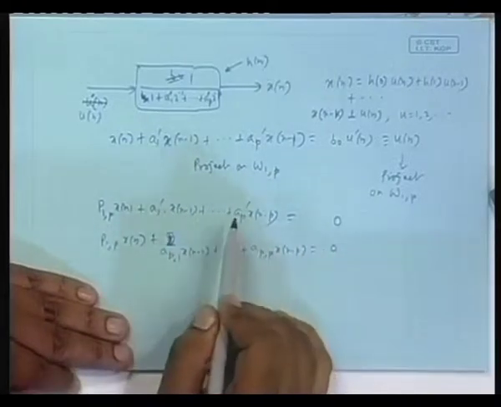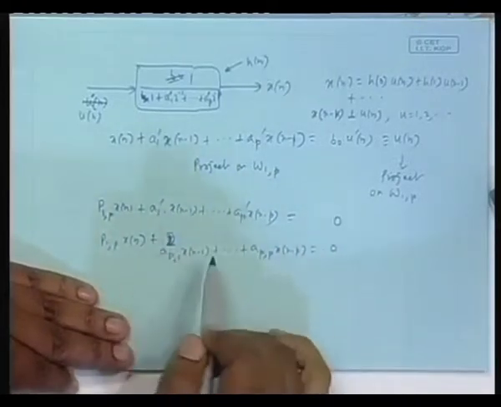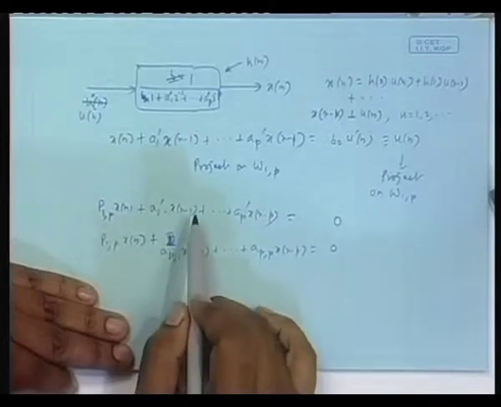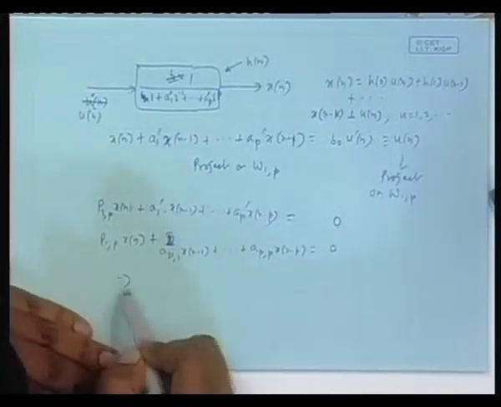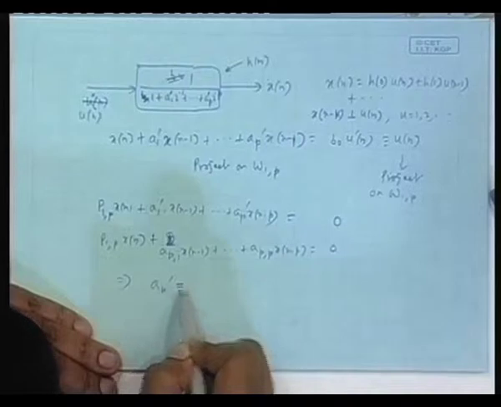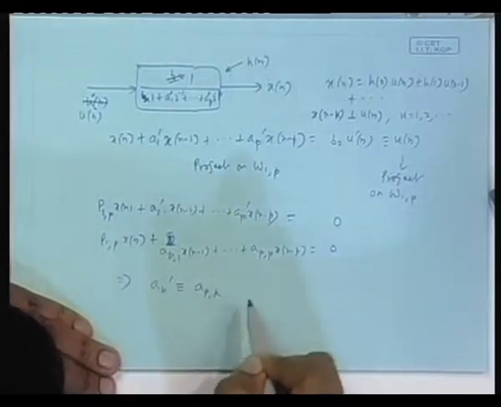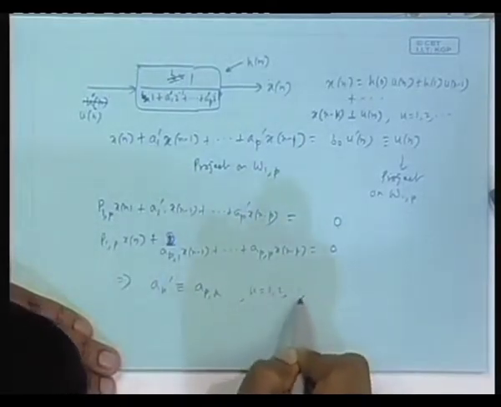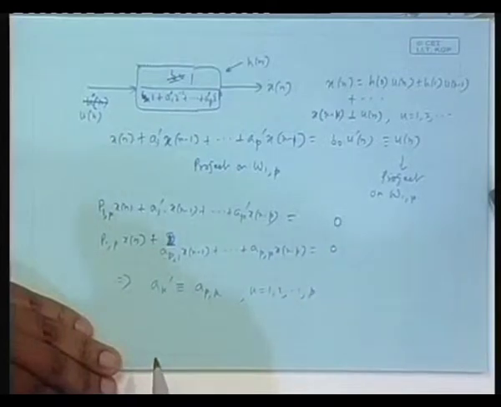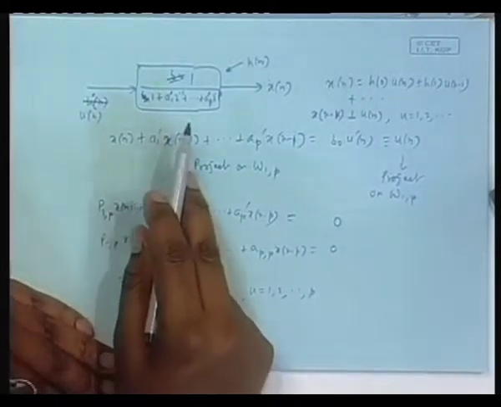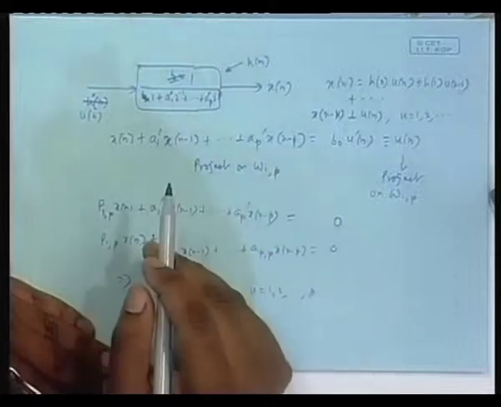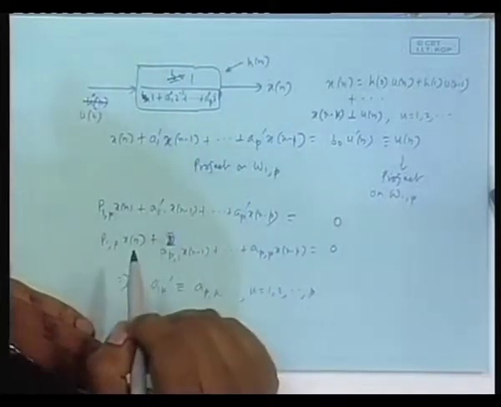Those are linearly independent samples, so obviously each coefficient is 0: A1 prime equals AP1, A2 prime equals AP2. So that way you understand that AK prime becomes equal to APK, K can be 1, 2 up to P. Okay. So these AR model coefficients are nothing but the linear predictor coefficients. These coefficients are called linear predictor coefficients.